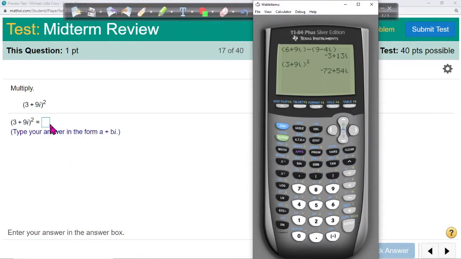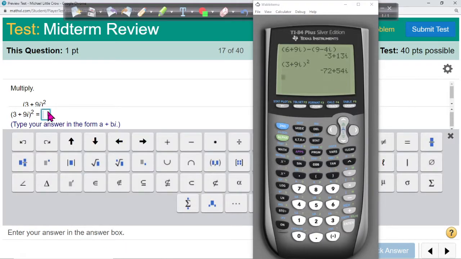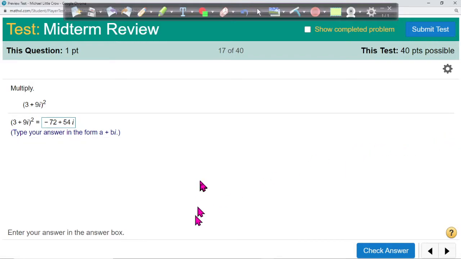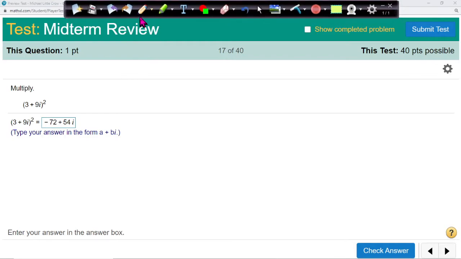So negative 72 plus 54i. So it works with the calculator. Let me just show. All we have to do is FOIL this out.